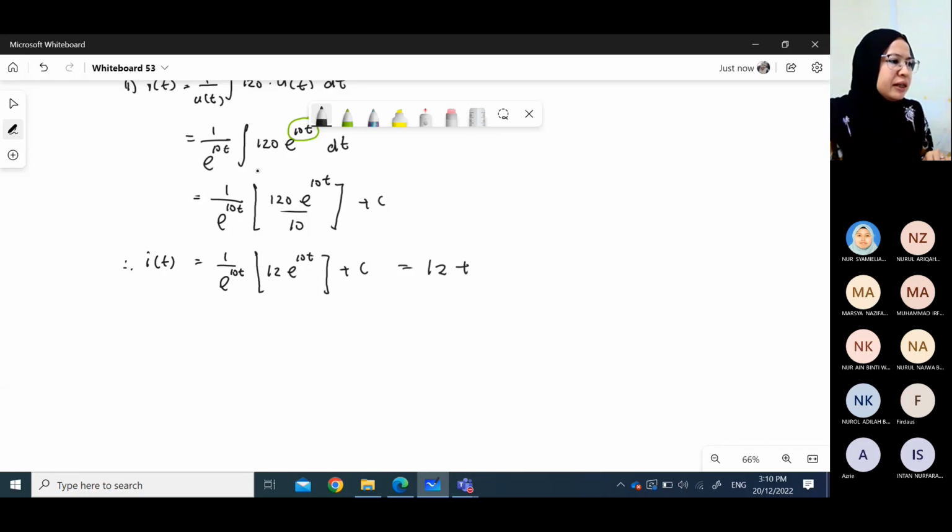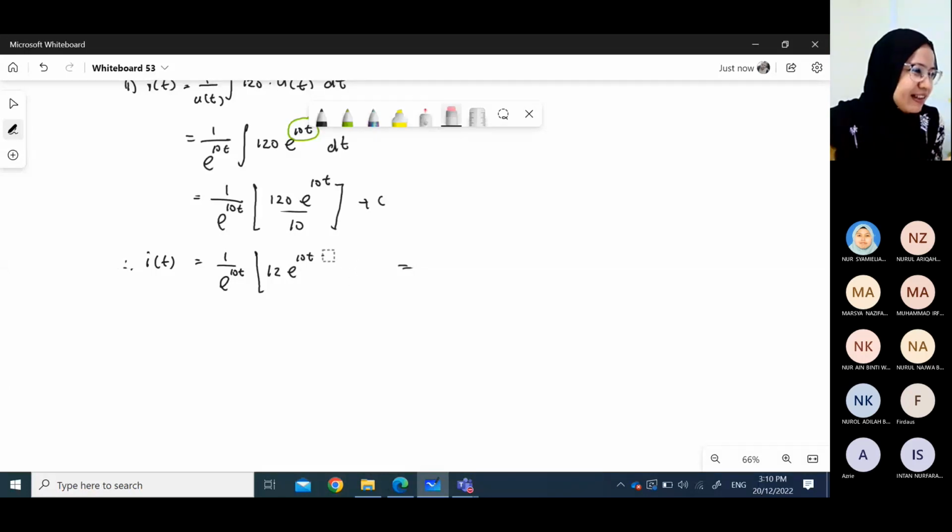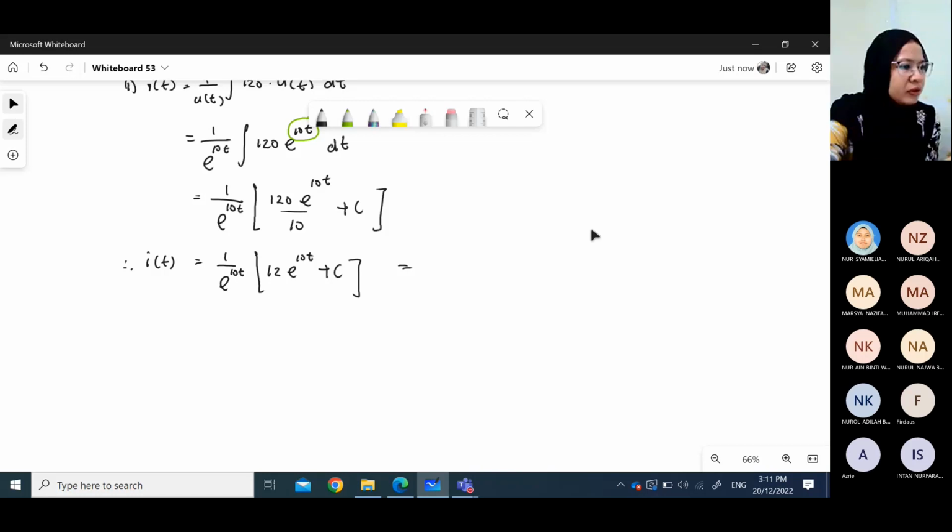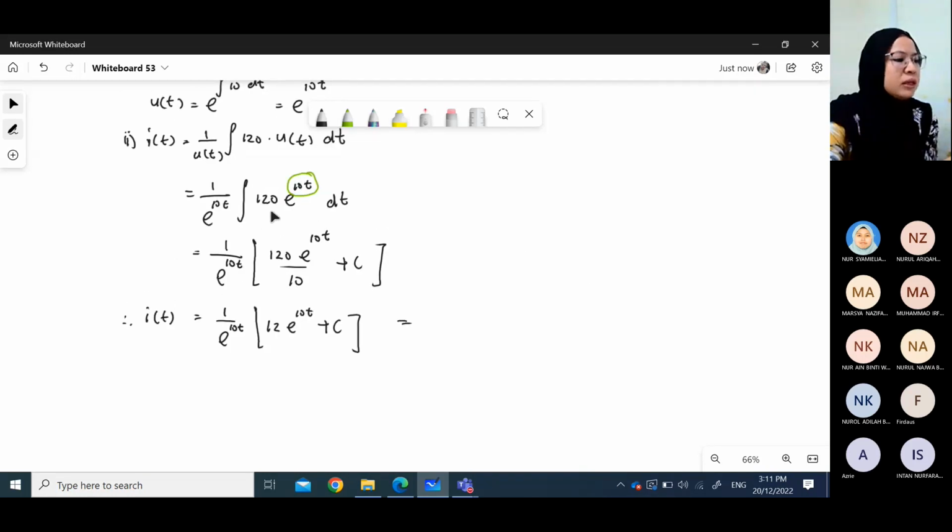We integrate exponent 10t, we have exponent 10t over 10 plus C. Oh, it did not disappear. Yes, the plus C is in here. You integrate this one. So we integrate the top one: the integral of 120 exponent 10t with respect to t.